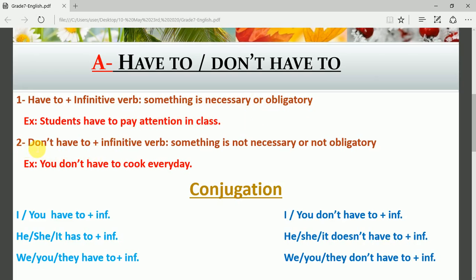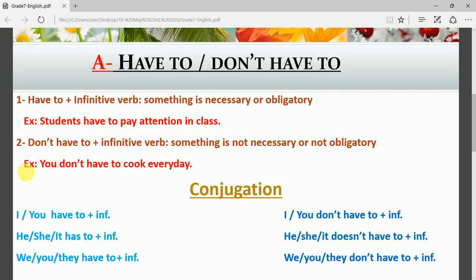2. Don't have to is the negative form of have to. So it's the opposite. When you want to use don't have to, you also have to use the infinitive verb after the preposition to. And when you use it, you want to say that something is not necessary or not obligatory.